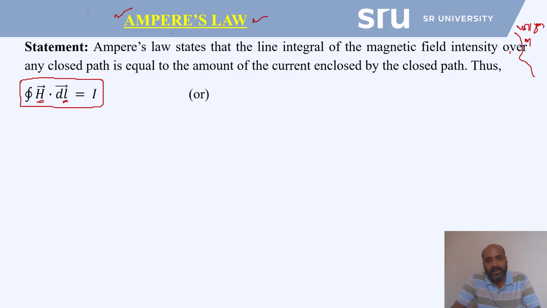That line must be a closed line, right? Ampere's law states that the line integral of magnetic field intensity over any closed path is equal to the amount of current enclosed by that path.